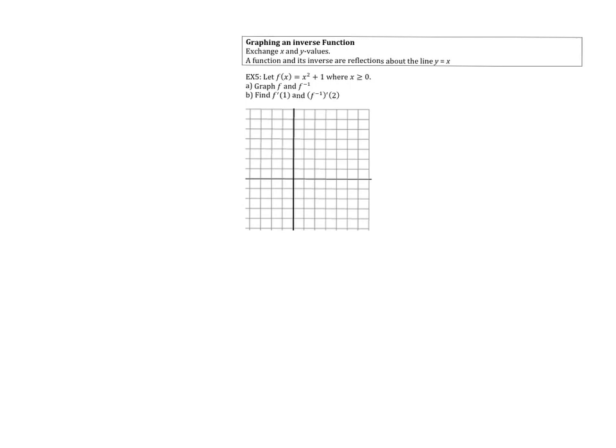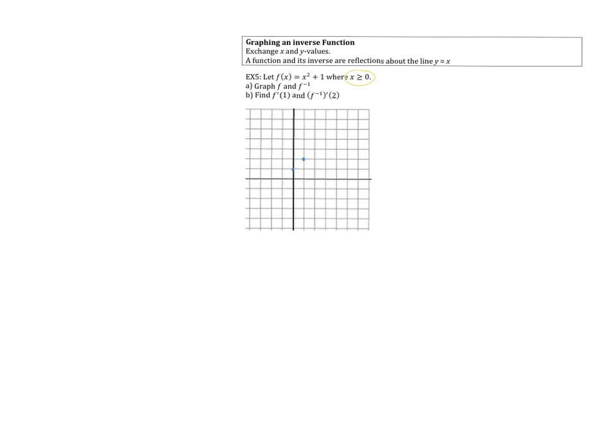So for example 5, part A, it says graph the function and its inverse. So first of all, I'm going to graph the function because that's what I have. That would be x squared plus 1, but I'm only concerned with x values that are greater than or equal to 0. Okay? So if x is equal to 0, y is 1. If x is 1, y is 2.